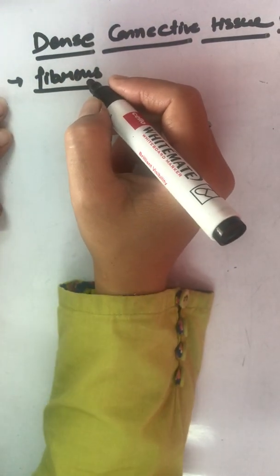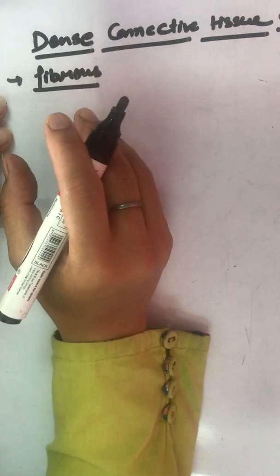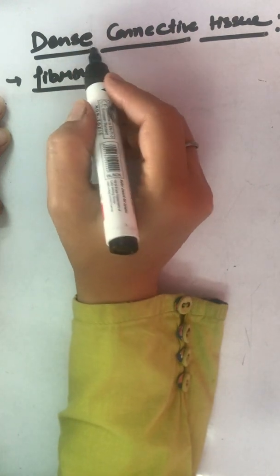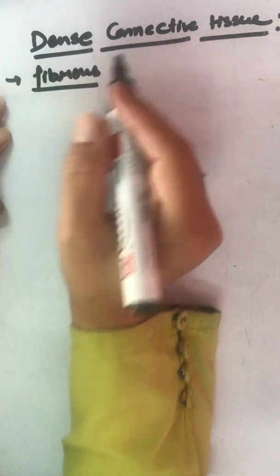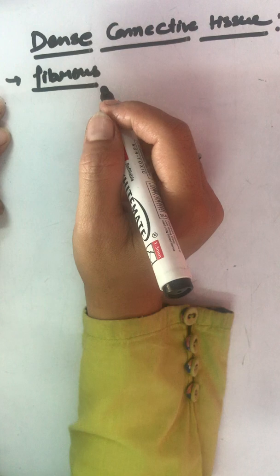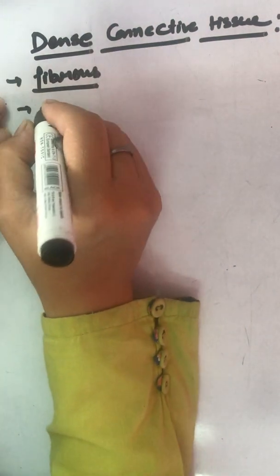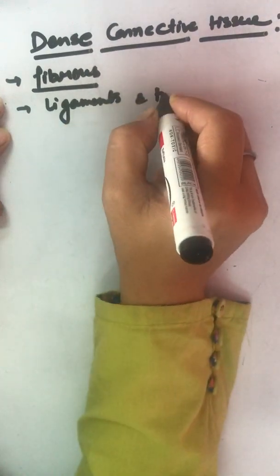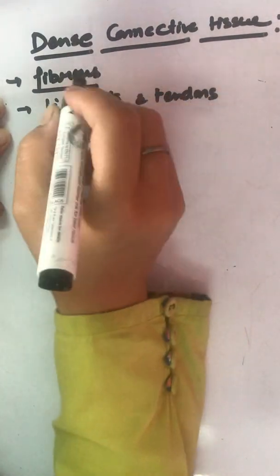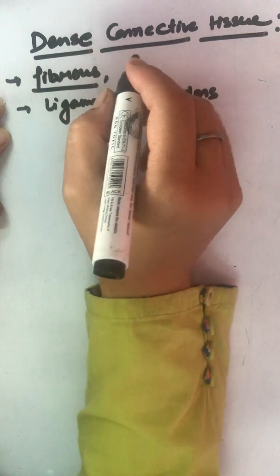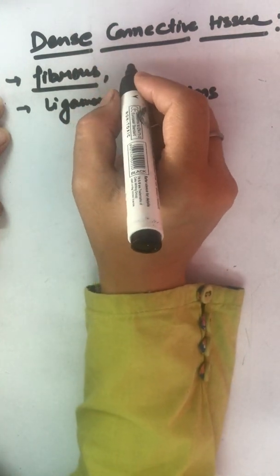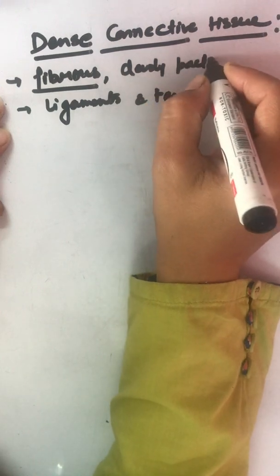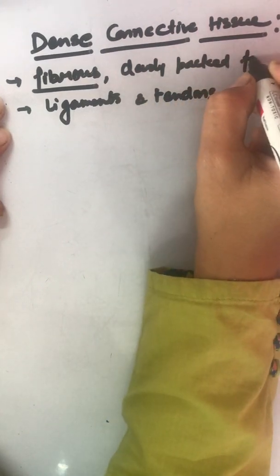And densely packed fibers and cells is the specific name given to dense connective tissue. What kind of densely packed fibers and cells we are talking about? Basically, the ligaments and tendons. So fibrous also, and it is known for its densely packed fiber and cells.